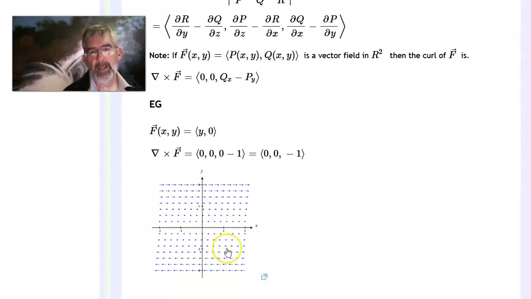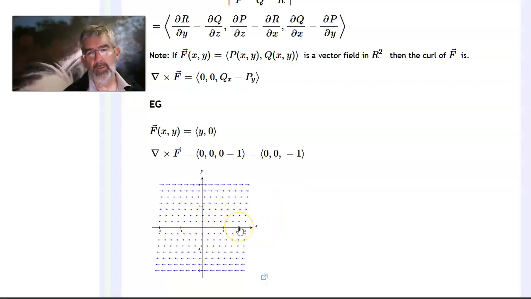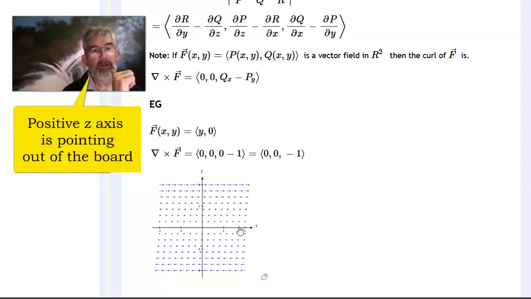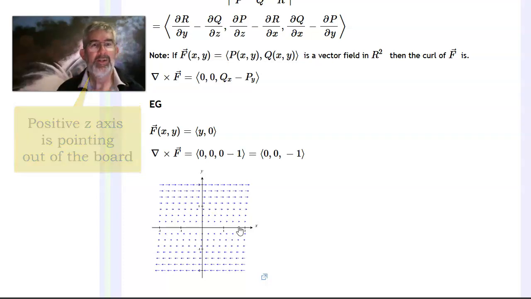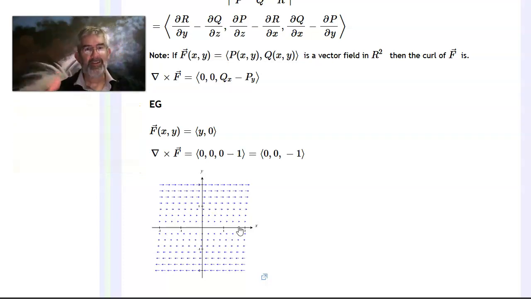Now, the way I think of this with the right-hand rule here, since x is off to that way and y is off to that way, then z is pointing into the board, right? And I'm pointing at myself because I'm actually in the screen, right? I'm looking out at you. So the screen is out here and I'm back here, so I'm completely behind it.